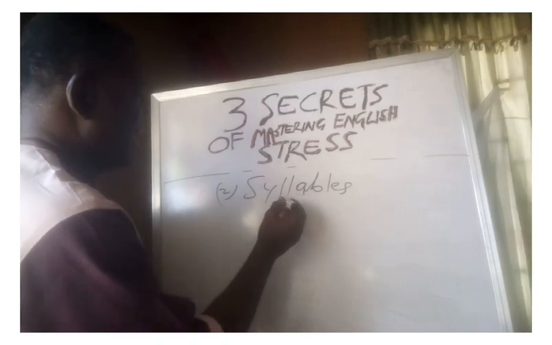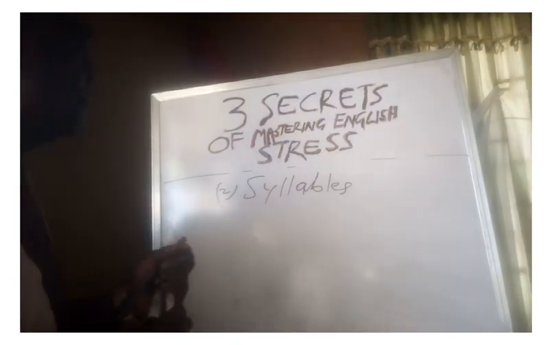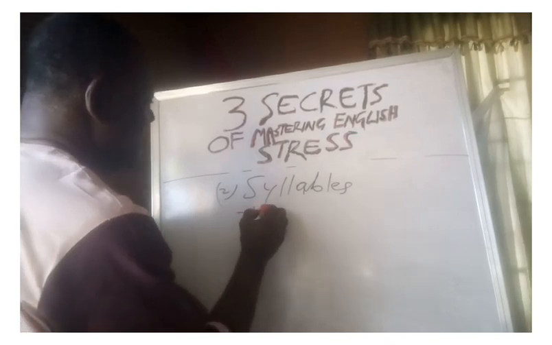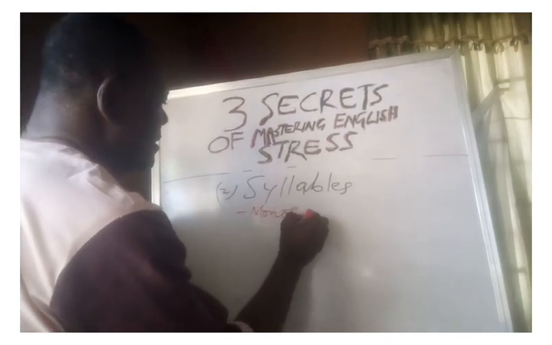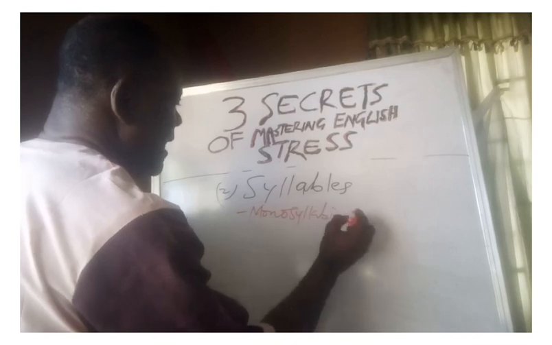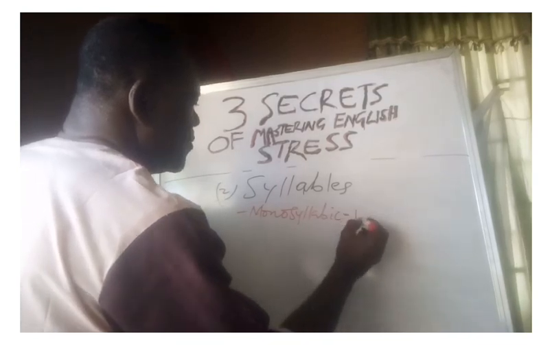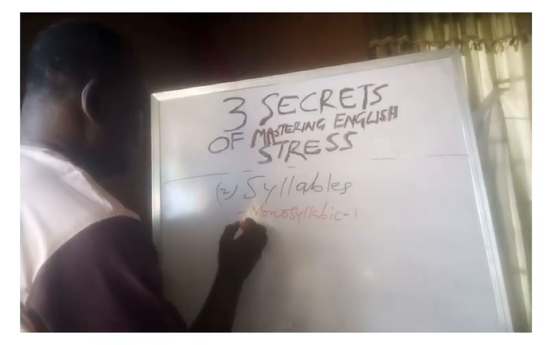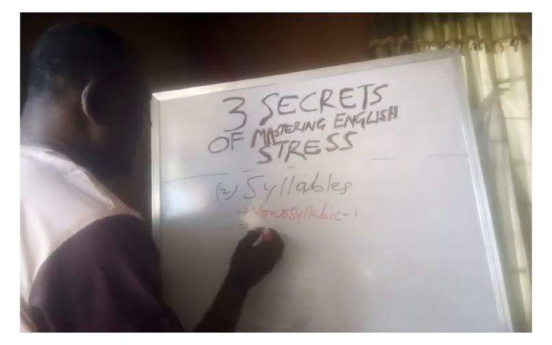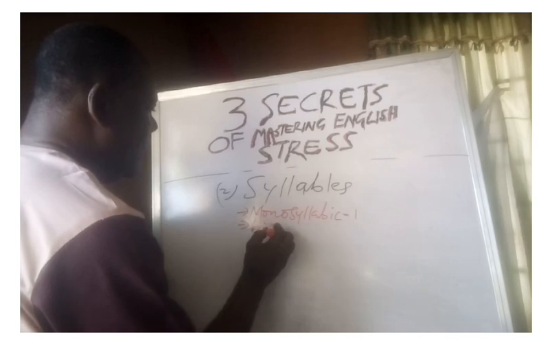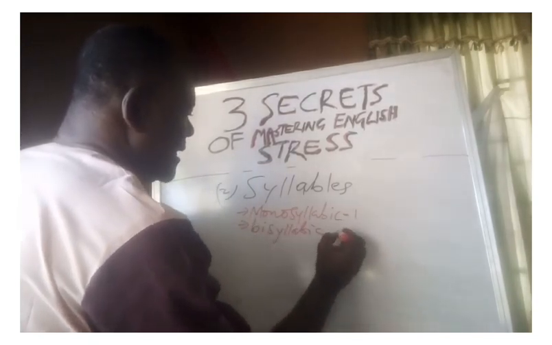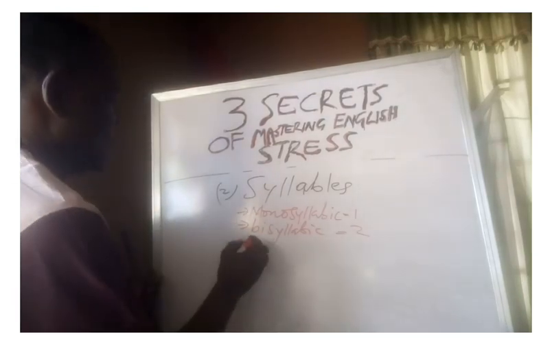And in this case, let's talk about the first, which is monosyllabic words. Monosyllabic words are words that contain only one syllable. Then the second one is bisyllabic words, and they contain two syllables.